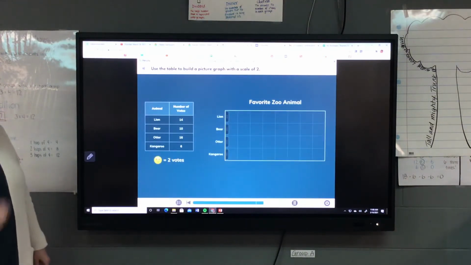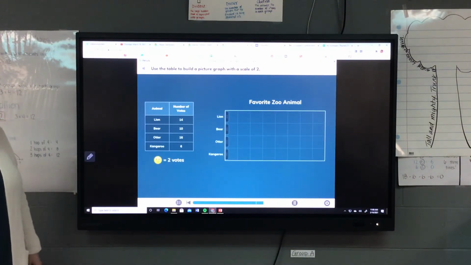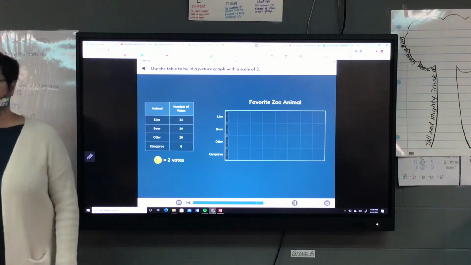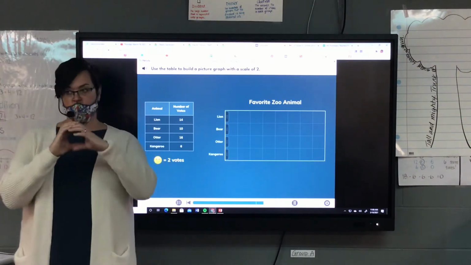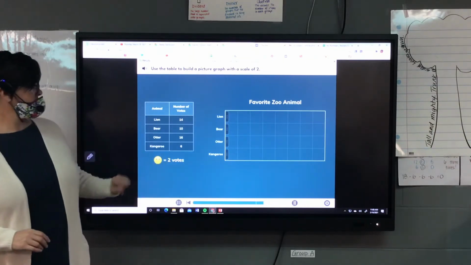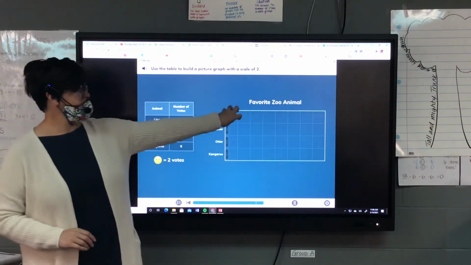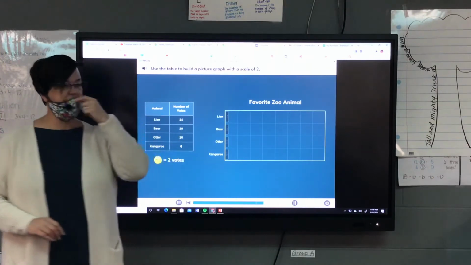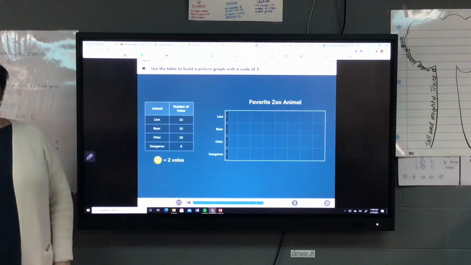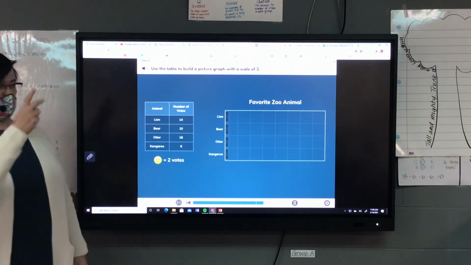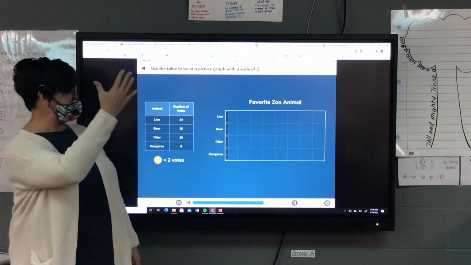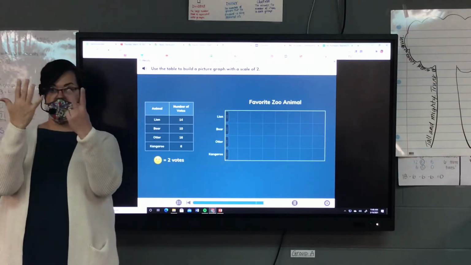Use the table to build a picture graph with a scale of 2. What do we skip counting by? 2. Because each smiley face is 2 votes. So how many smiley faces will we have by the lion? 7. 2, 4, 6, 8, 10, 12, 14.